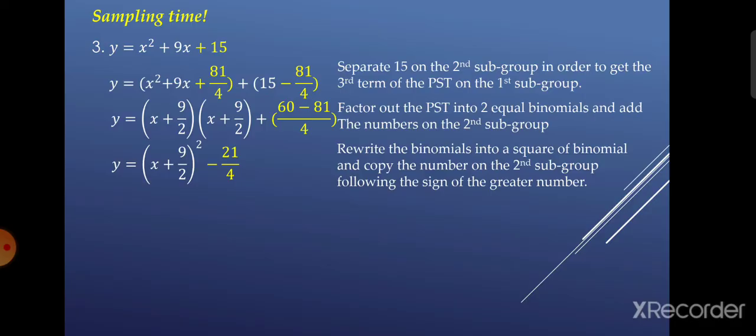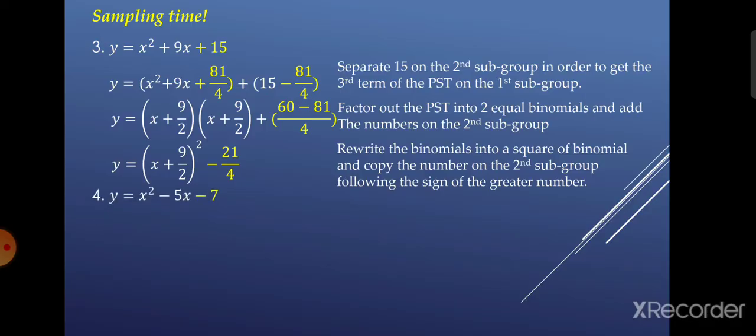So that should be negative 21 over 4. The plus operation in the parenthesis is ignored, because the negative sign prevails: negative 21 over 4, or minus 21 over 4.